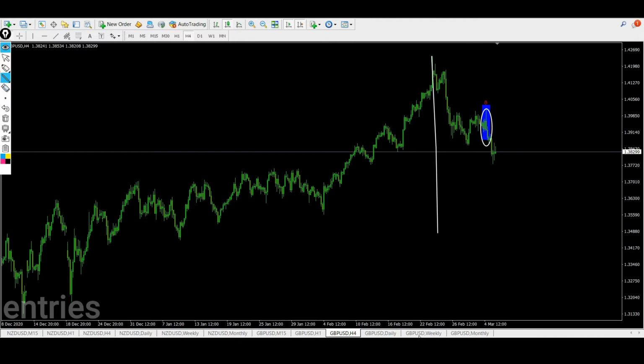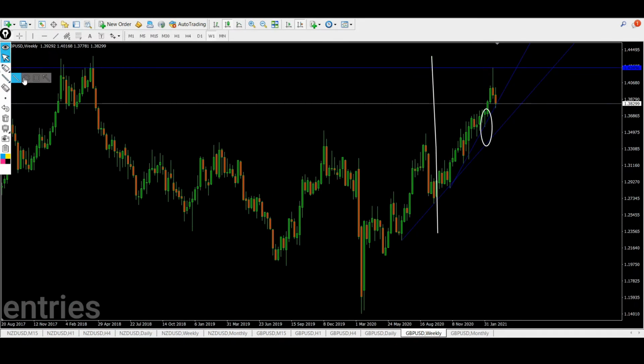Let's go back to the weekly chart. Then that's roughly along this trend line right here. Of course it could form on this one also, but I think there's a higher probability that price could possibly pull back here. But it doesn't really matter which one it bounces off of, and we'll still be targeting this pivot high.